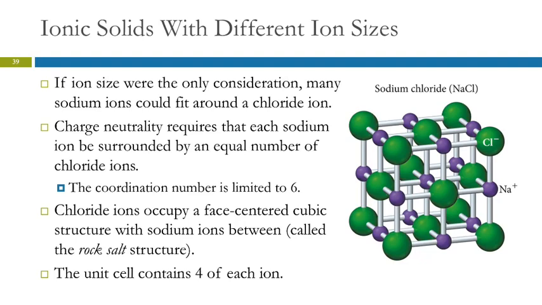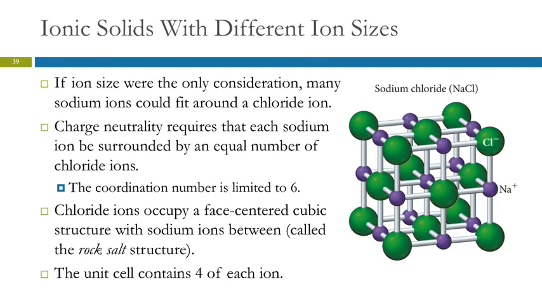If ion size was the only consideration, things would be very different. So in sodium chloride, the sodium ions are much smaller than the chloride ions. If you think of these as maybe oranges and cherries, and you put them in a box, right?